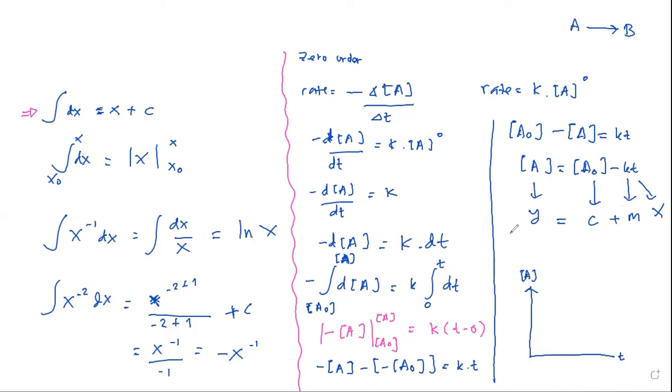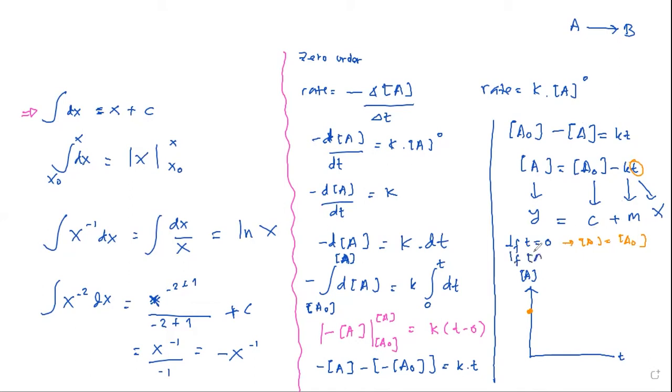Let's assume t equals 0. Then kt is 0, so A equals the initial A0. So at time 0, the concentration of A equals the initial concentration. It would be like this.